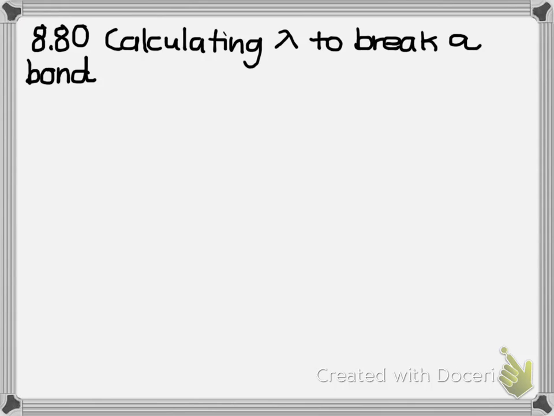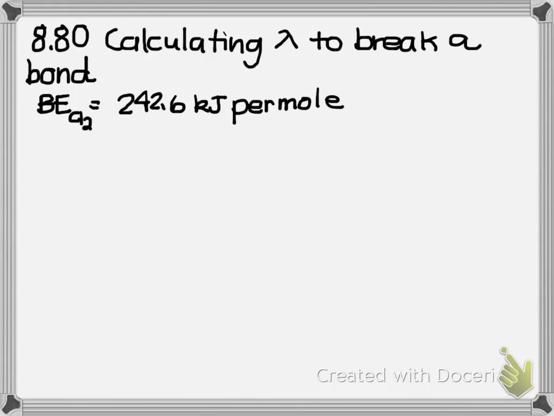And the question we're trying to answer is, what is the wavelength, or lambda, of light necessary to cause the chlorine molecules to split? Now, they also give us the bond energy of the chlorine molecules as 242.6 kilojoules per mole. Now, this per mole caught my attention because we're talking about the wavelength needed to break one bond, but this is per mole of chlorine.